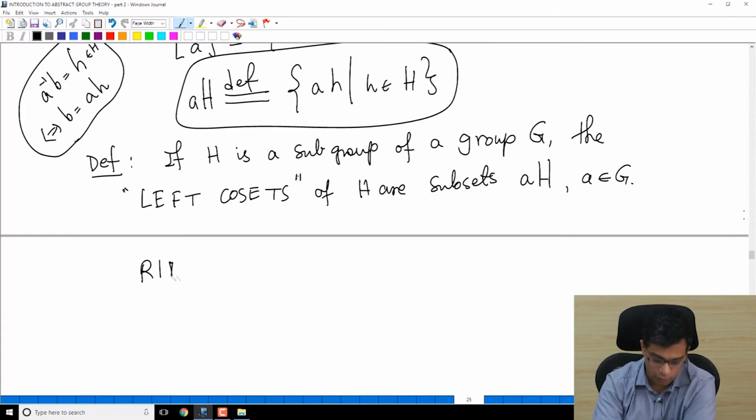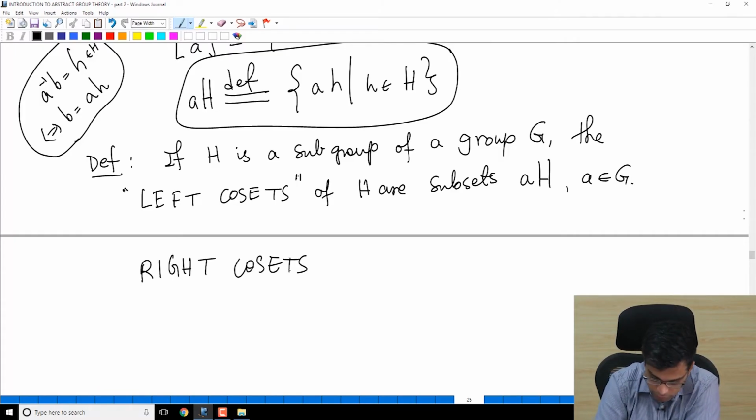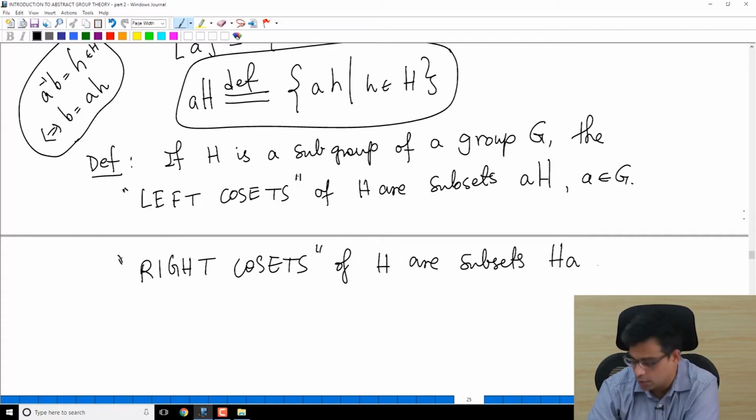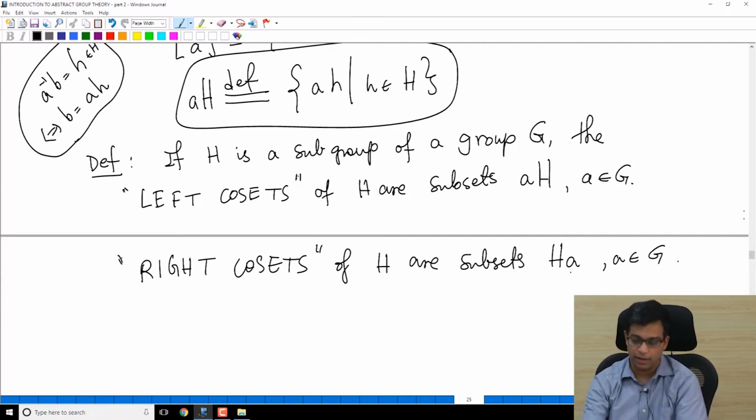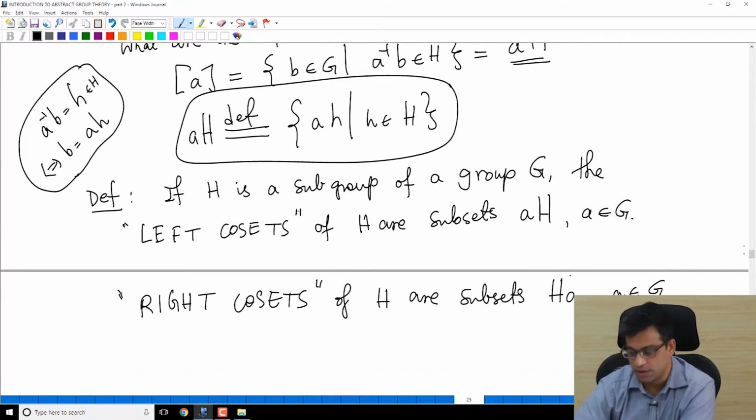Similarly, you can define right cosets. Not surprisingly, these are subsets obtained by multiplying by A on the right, HA. So left cosets are AH, right cosets are HA.